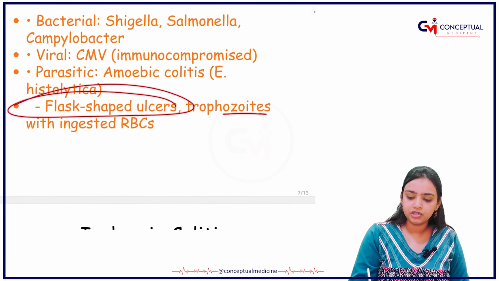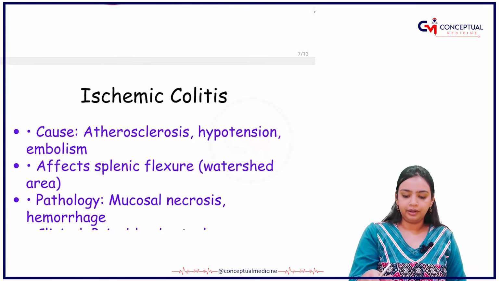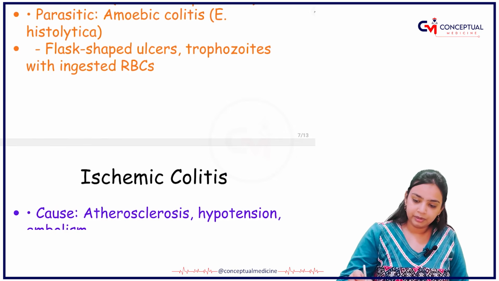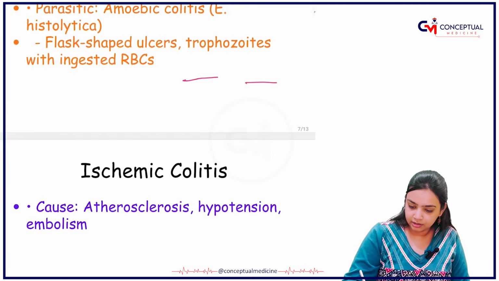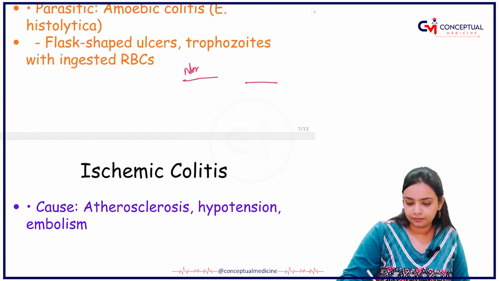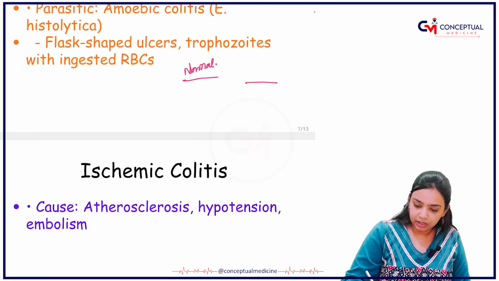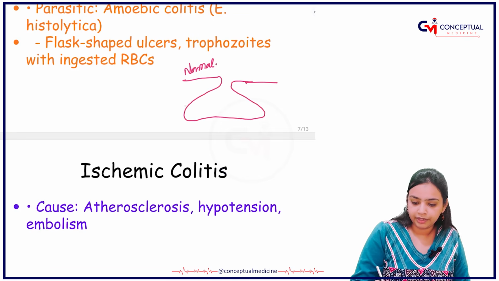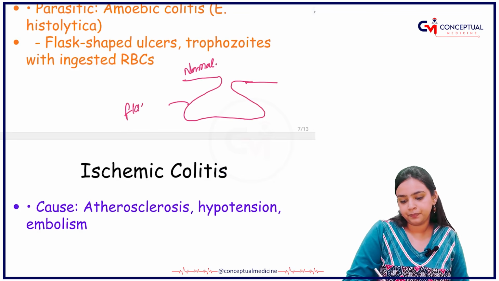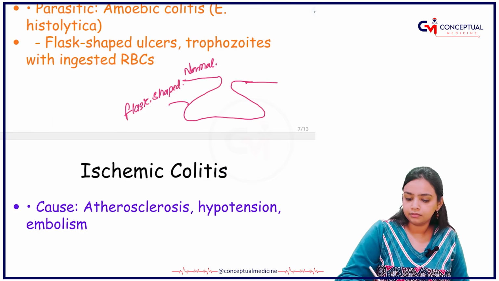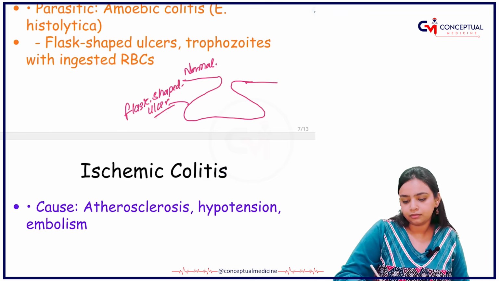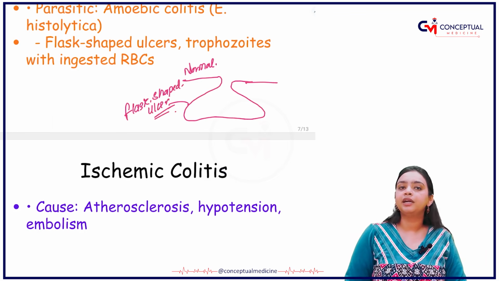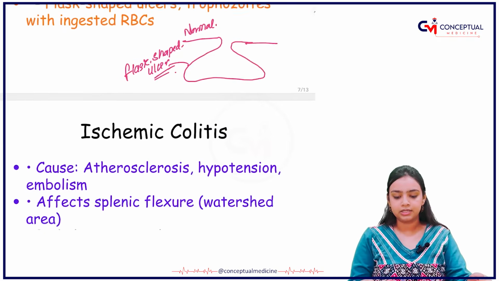The flask-shaped ulcer will be like this: this is the normal mucosa, and the ulcer will be somewhere over here. It will be a flask-shaped ulcer.